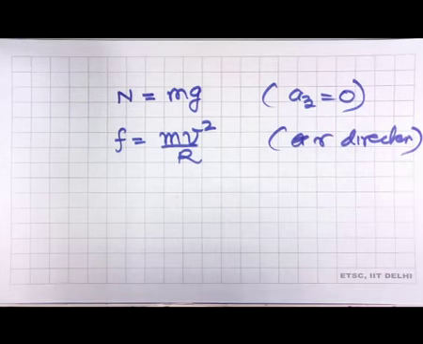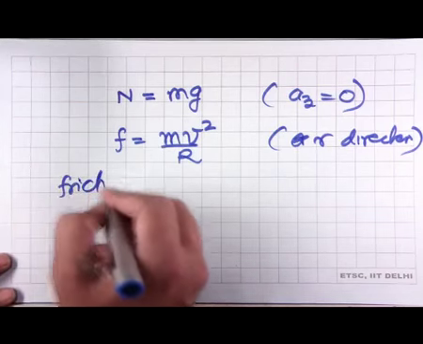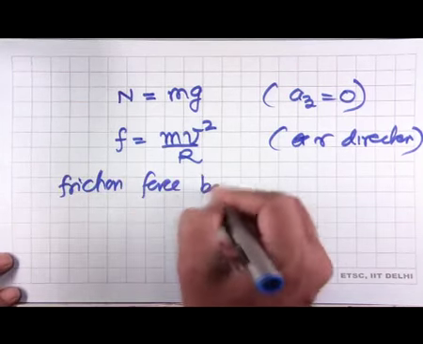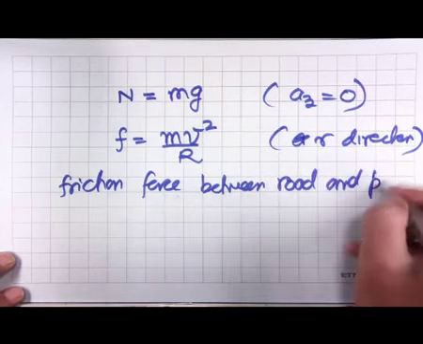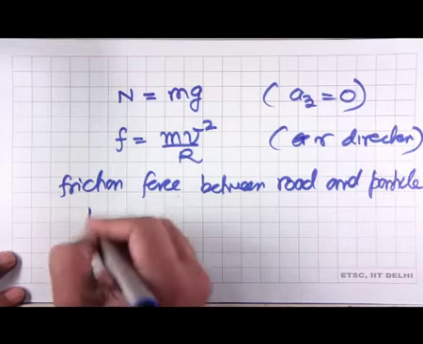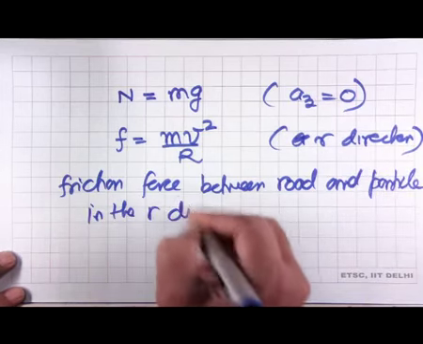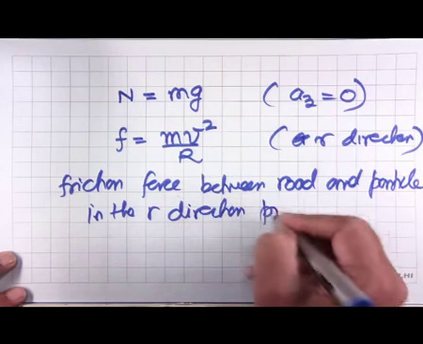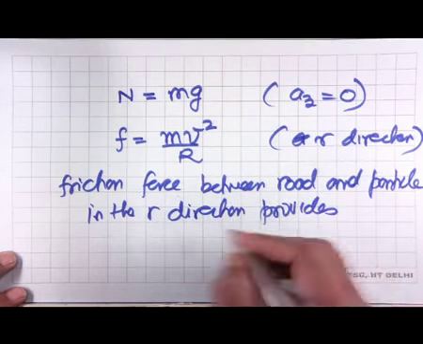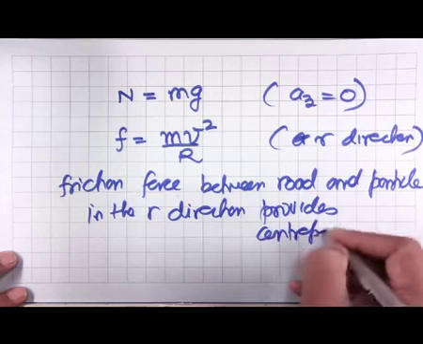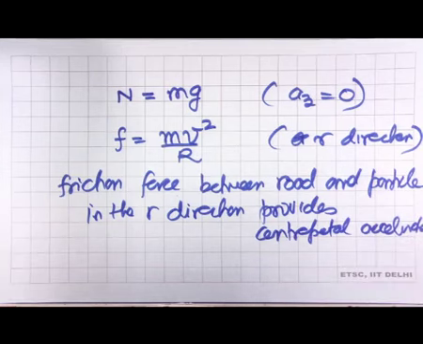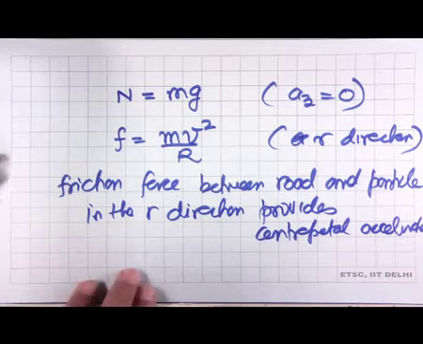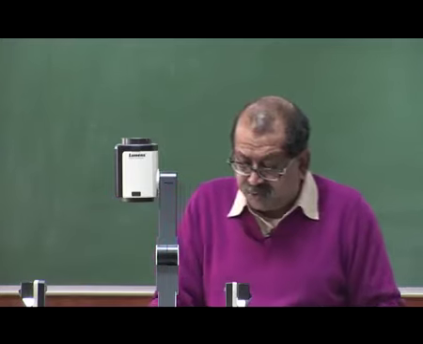So, therefore, what we get is the friction force between the road and the particle in the r direction. This is what provides the centripetal acceleration. But we realize there is a limitation with the friction force.